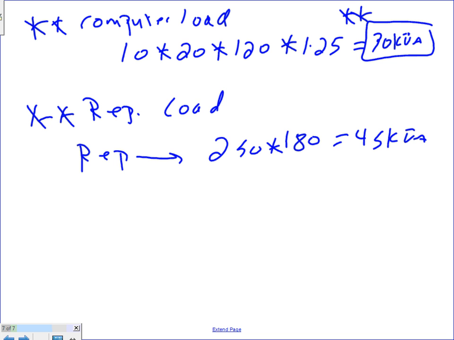Where am I here? Multi-outlet 220.14(H). That's why. Okay, multi-outlet assembly. Okay, we got that one.